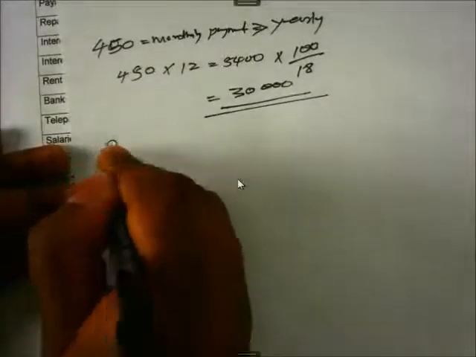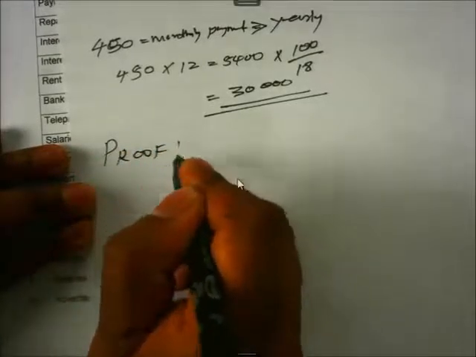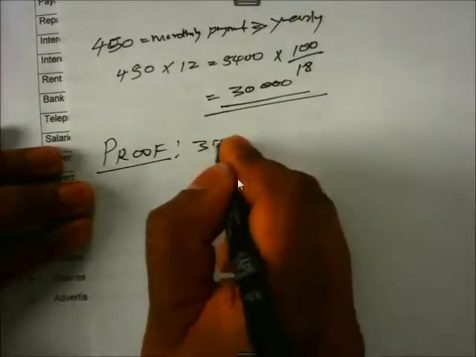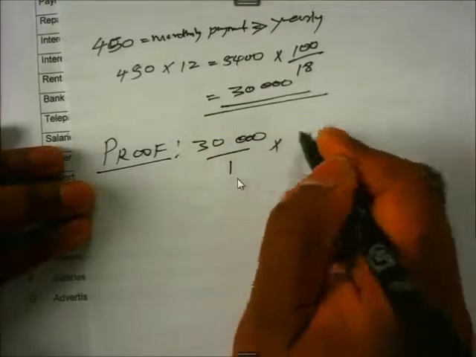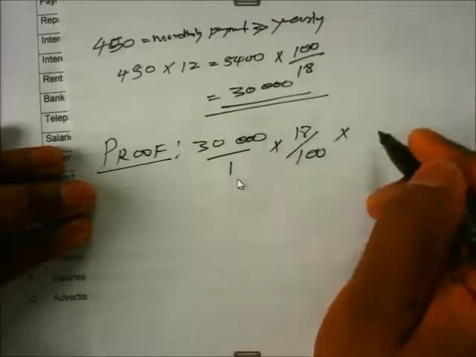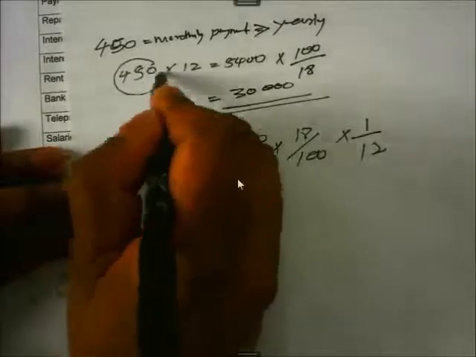And then how do we prove that? How do we prove that we are correct? Our proof is this. We take the 30,000 over 100, multiply by 18 over 100, multiply by 1 over 12. It must give us the 450.